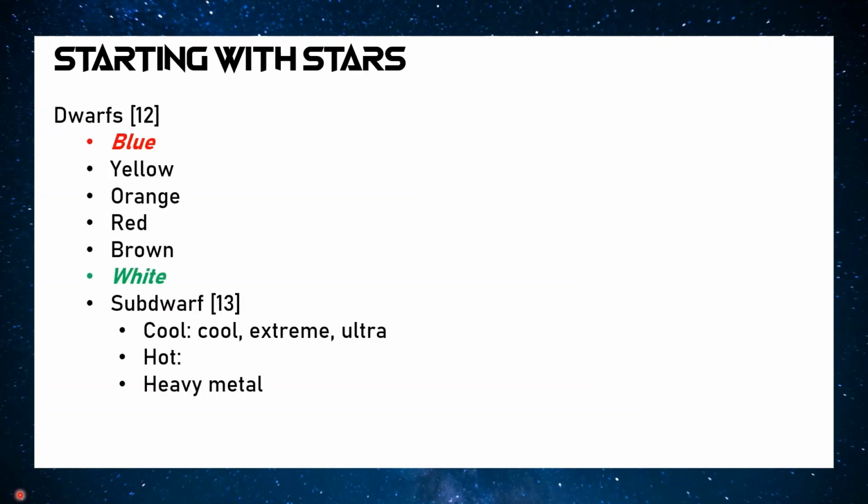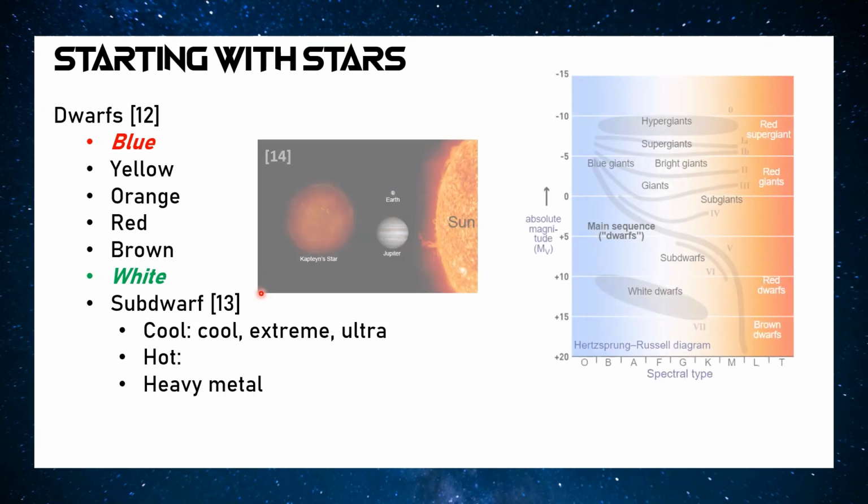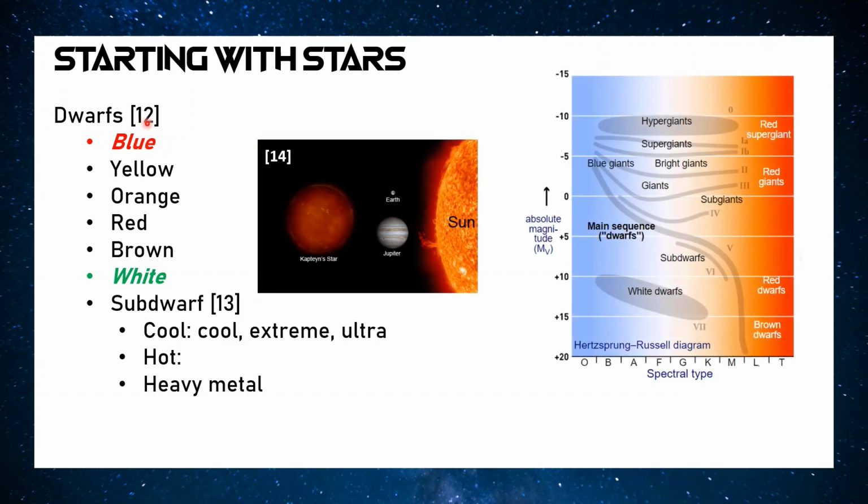Okay. So I talked about dwarf stars. Most main sequence stars are, in fact, dwarf stars. So hypothetically there could be blue dwarfs, but I don't think any of them have actually been observed. Now yellow dwarfs are defined by mass compared to the Sun, so our Sun is a yellow dwarf.